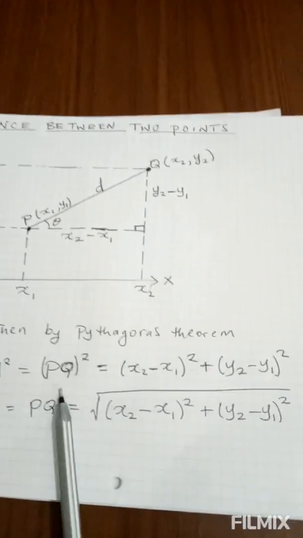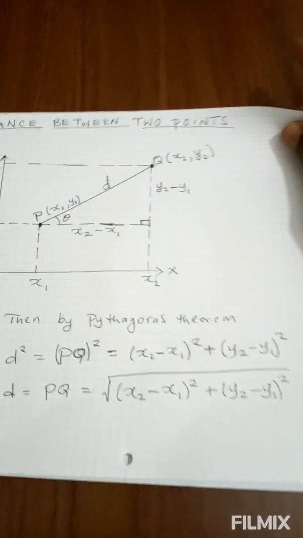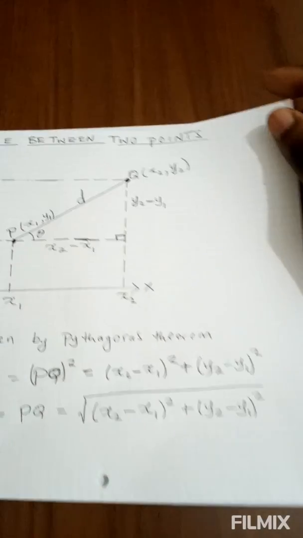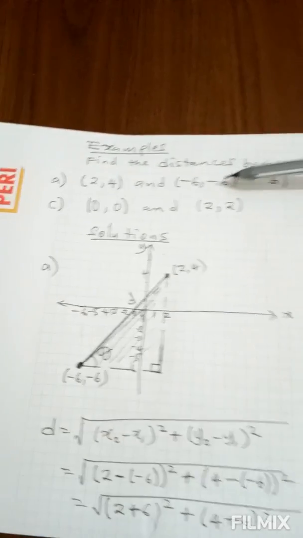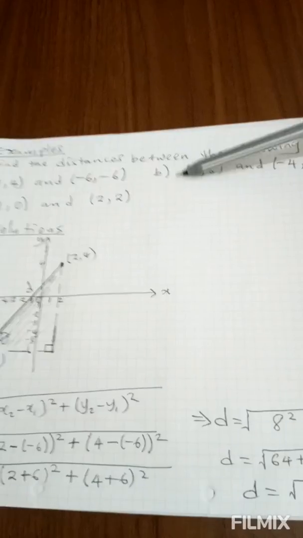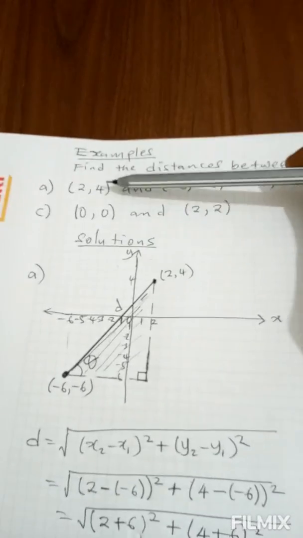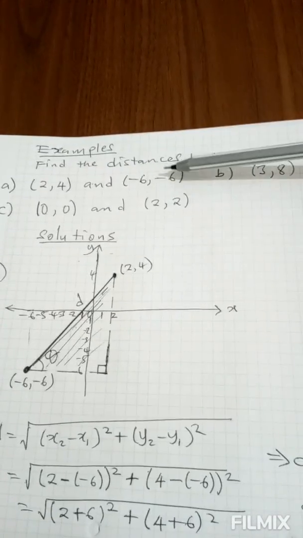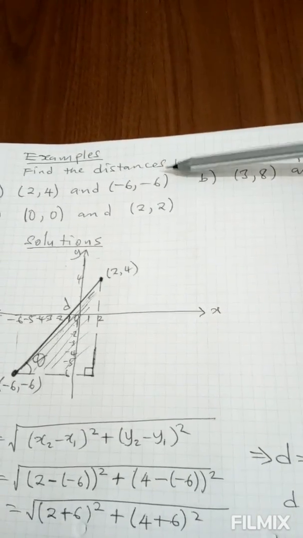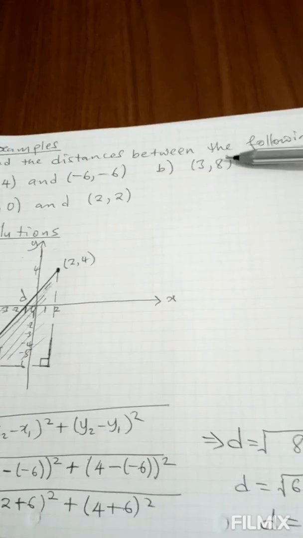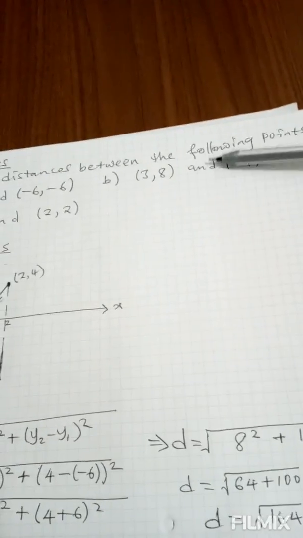So now we can perform some examples just to see how this formula works. We have 3 examples, A, B and C. Our first example is (2,4) and (-6,-6). Then B is (3,8) and (-4,8).